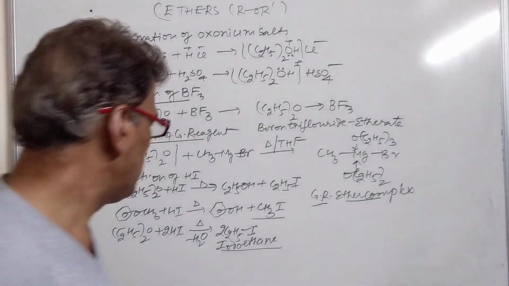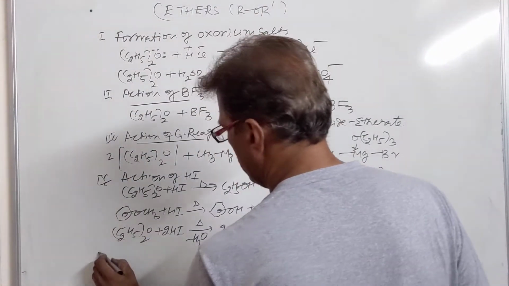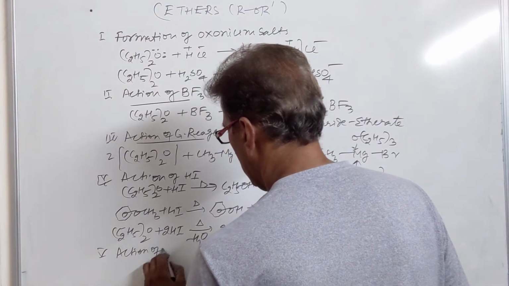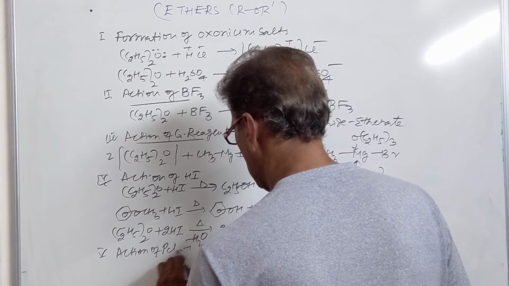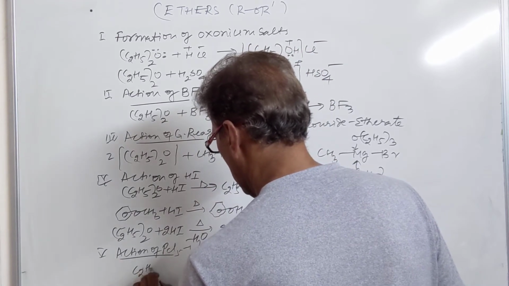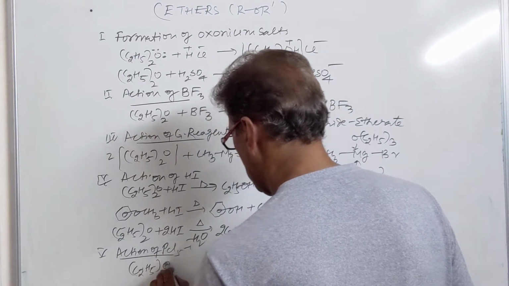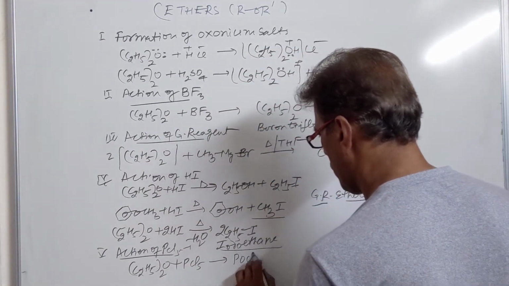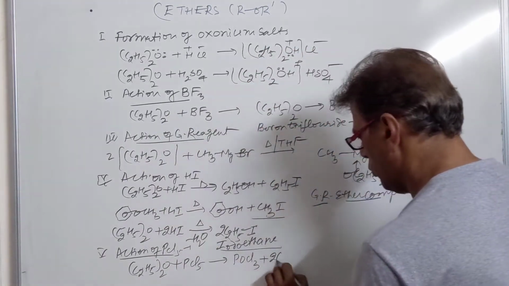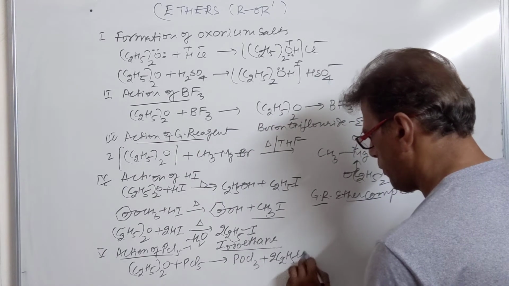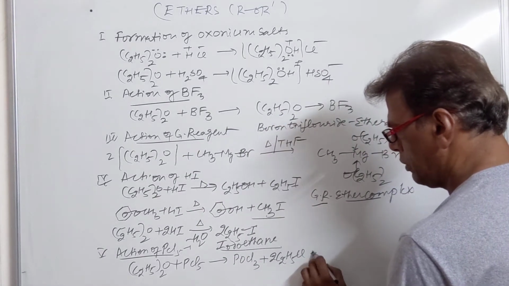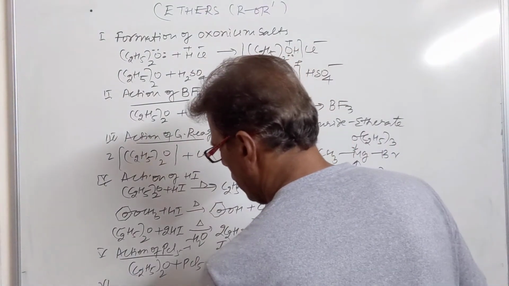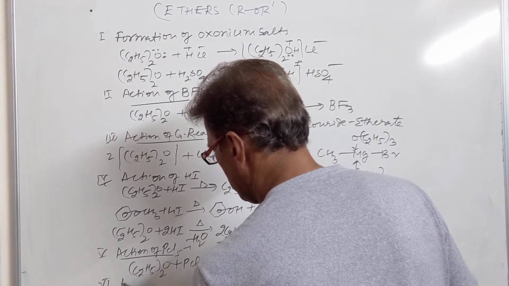Then we have the action of PCl5, the fifth reaction. I told you earlier, whenever PCl5 attacks an oxygen-containing compound, it will definitely produce POCl3 plus two molecules of chloroethane. Then we have hydrolysis of ether.